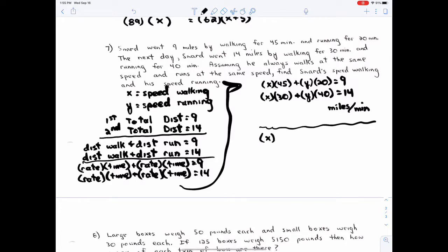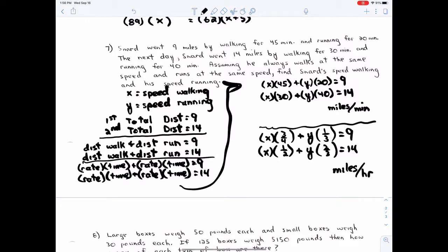Well, what's 45 minutes? That's 3/4 of an hour. What's 20 minutes? 1/3 of an hour. Okay, second day, 30 minutes is 1/2 of an hour. And 40 minutes is 2/3 of an hour. And that's 14. And this gives the answer in miles per hour.